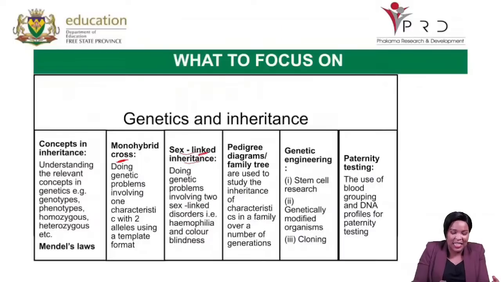Then the pedigree diagrams, be able to interpret and trace. Then genetic engineering and paternity testing. Most of the questions for genetic engineering will come from a case study or an extract with biotechnology and all that. So remember stem cell research and your GMOs and cloning.